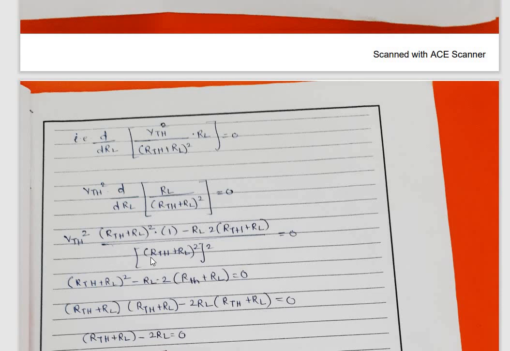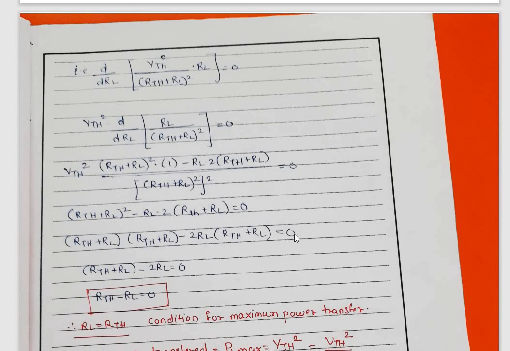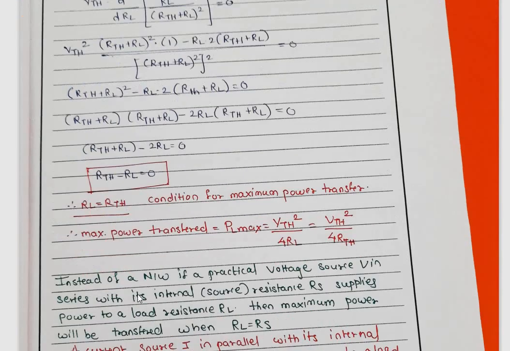Since we want to make this 0, the denominator and whatever VTH is multiplied will also go, and the remaining numerator term is (RTH plus RL) whole square minus RL into 2 into (RTH plus RL), which is equal to 0. Splitting a little: (RTH plus RL) minus 2RL is equal to 0, so RTH minus RL is equal to 0.